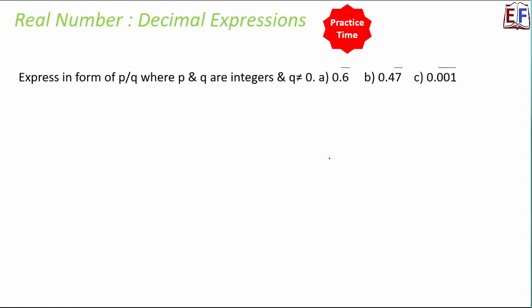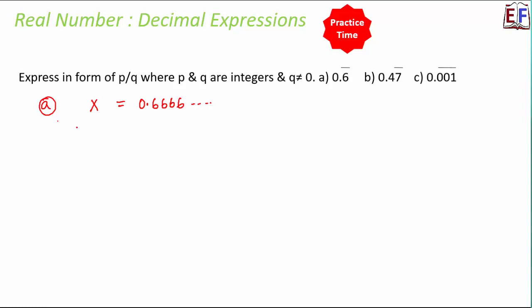So sometime back we discussed the trick that we are going to follow whenever we have to write a decimal, that too a repeating decimal, in the form of P by Q. So let us try with all these three. Let us first try with the first one. Let us suppose x is given as 0.6666 and it keeps repeating. How many digits are repeating here? 1.